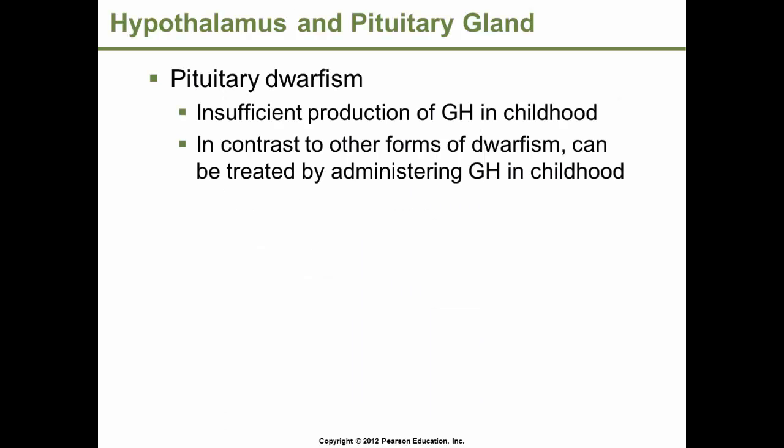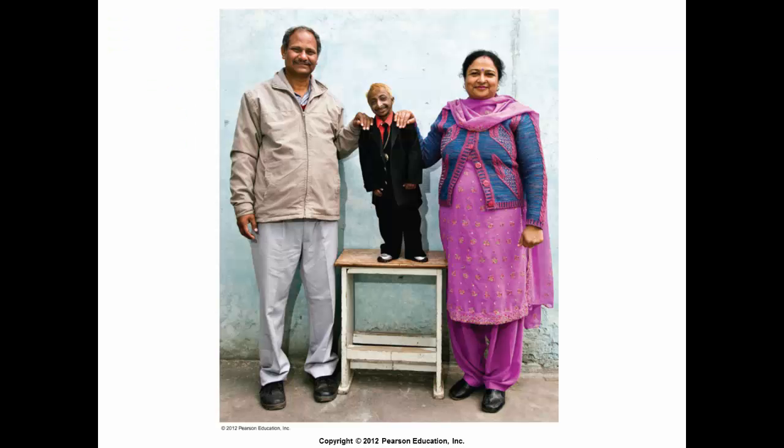Pituitary dwarfism, on the other hand, is when insufficient growth hormone production occurs during childhood. In contrast to other forms of dwarfism, it can be treated by administering growth hormone during childhood. And this is an image located in your textbook.